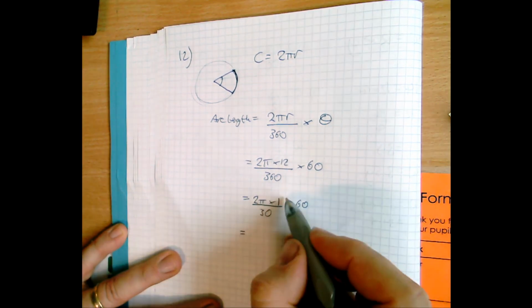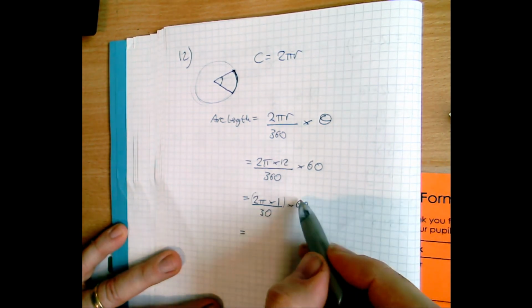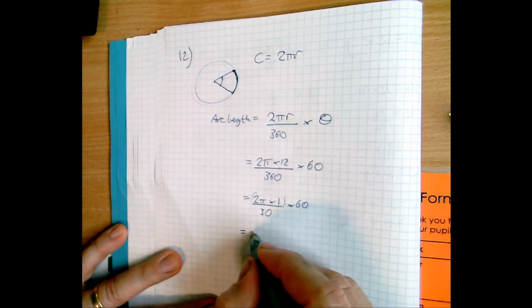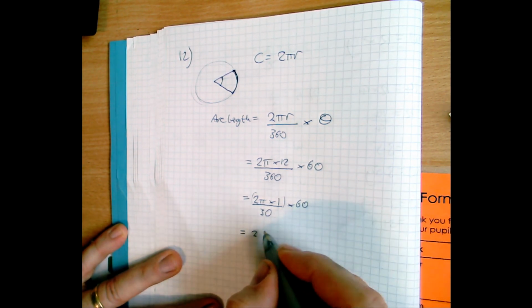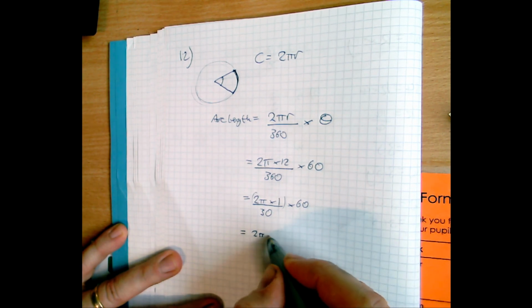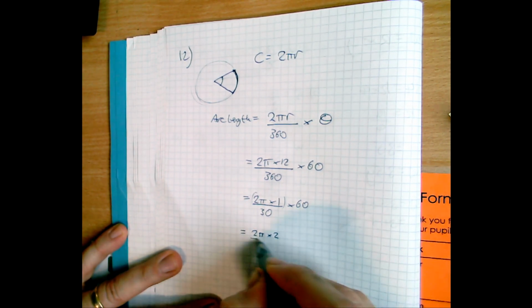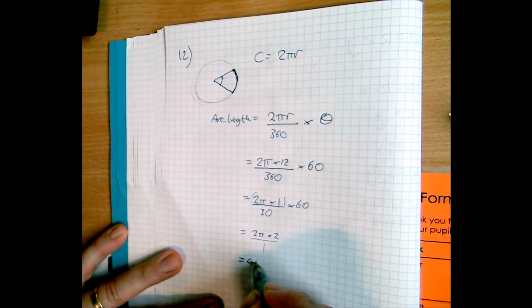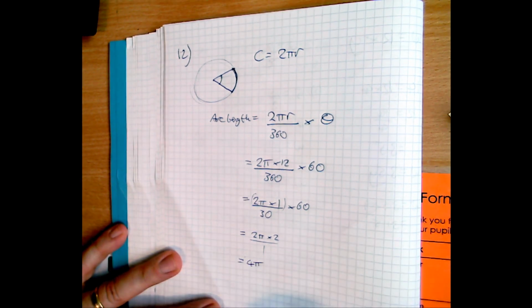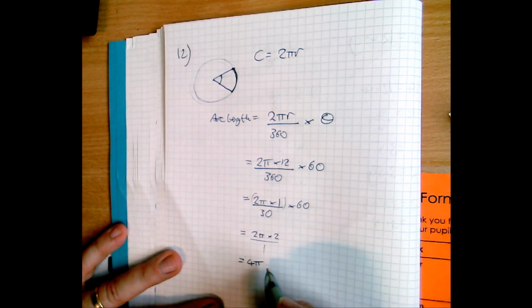What does that give me? I can divide top and bottom by 30. So 2 pi times 2 over 1. 4 pi. Leave your answer in terms of pi. Okay, done. Centimetres.